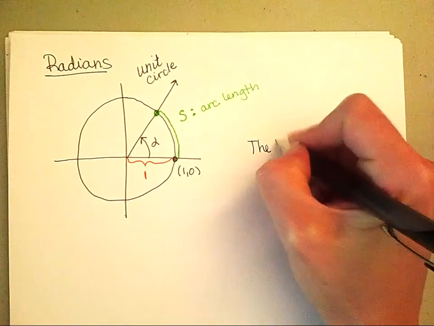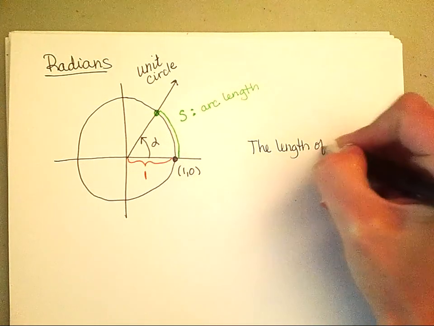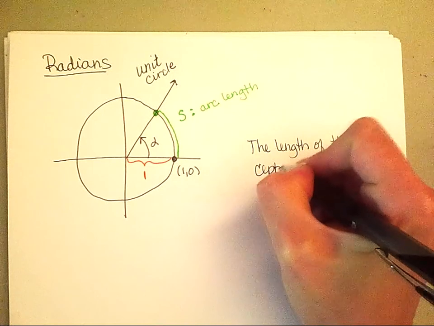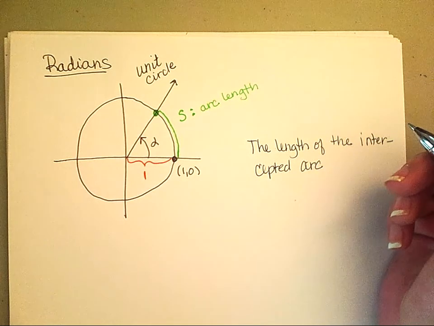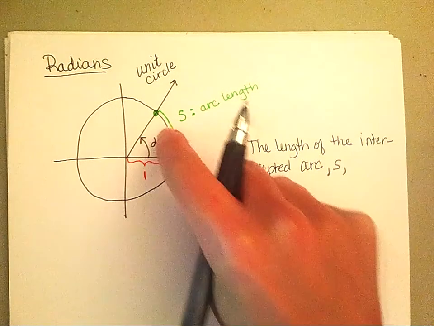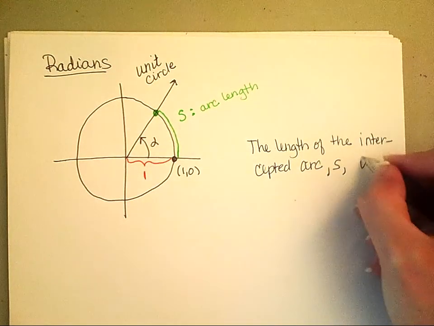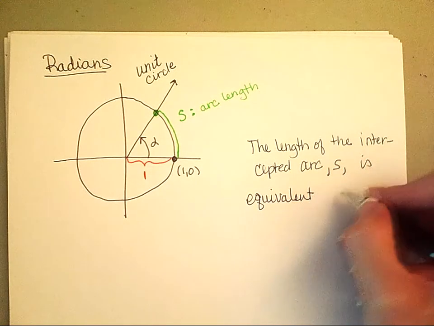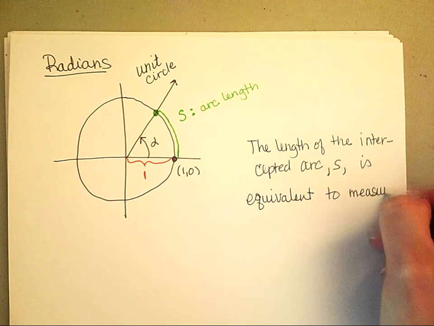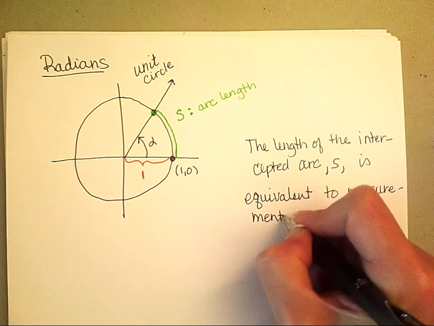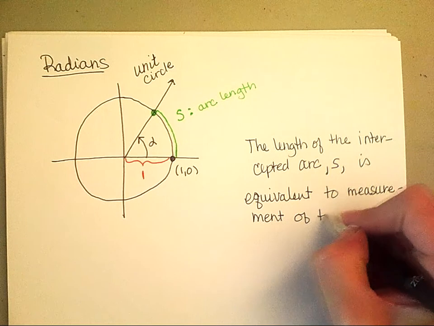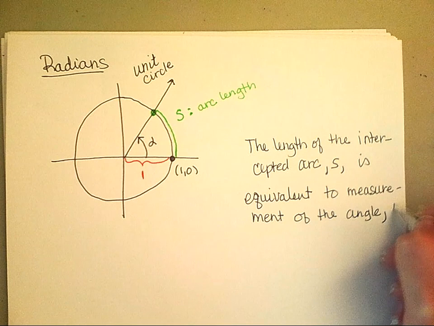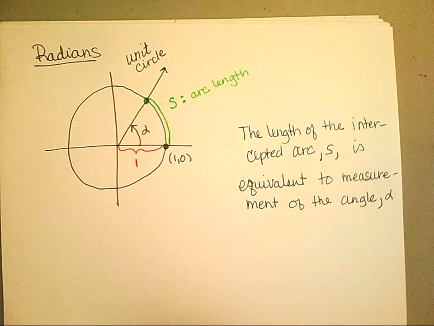Well, the length of the intercepted arc, remember we'll denote that as S, this length in here, is equivalent to the measurement of the angle, in this case we're calling the angle alpha, in radians.